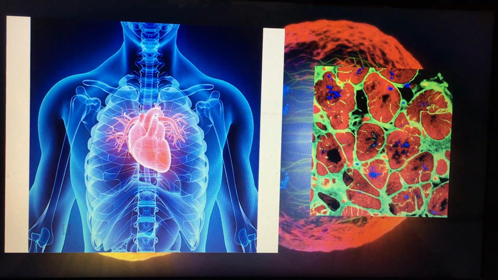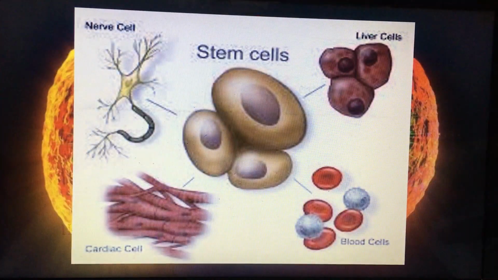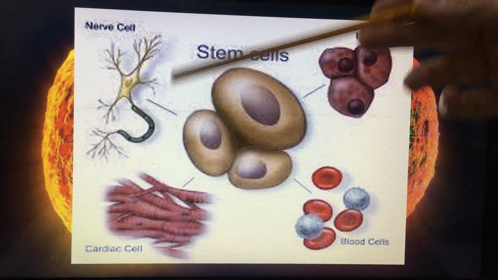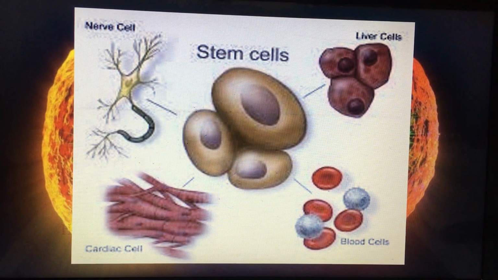The second thing you have to know is that in our bodies, we have unspecialized cells called stem cells. When those cells divide, they produce new cells that can become specialized.